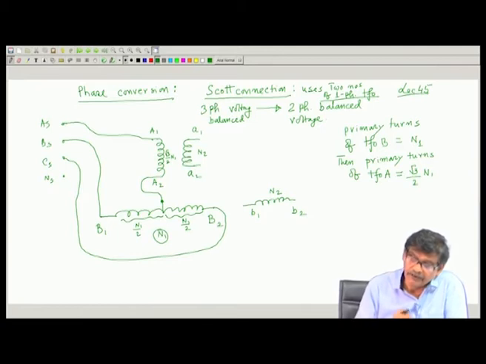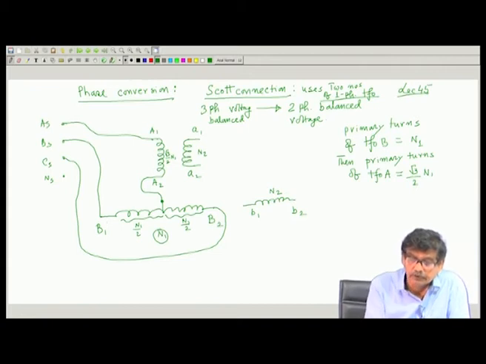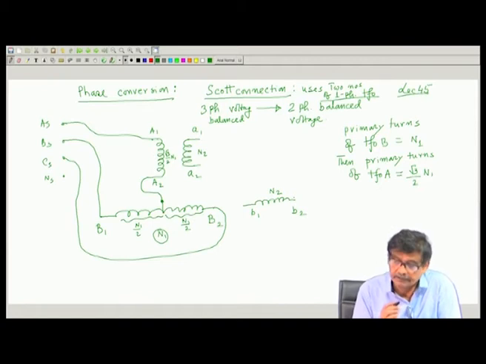Now, first of all you can see what is the voltage applied to the primary of transformer B. The voltage applied is line to line voltage, and total number of turns is N 1. Mind you, this transformer has its own magnetic circuit separate, this transformer has its own magnetic circuit.